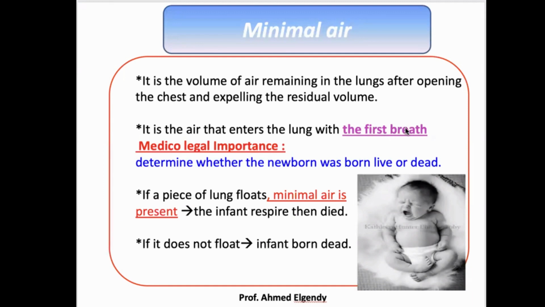When the baby takes the first breath, that is the minimal air. What is the medical legal importance? This will determine whether the newborn was born live or dead.